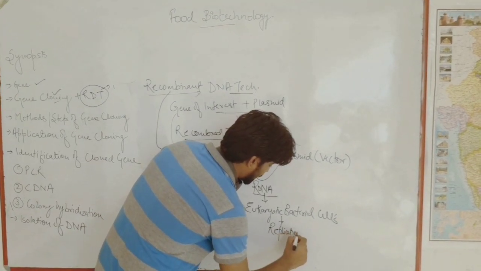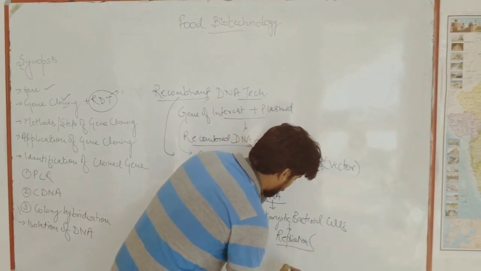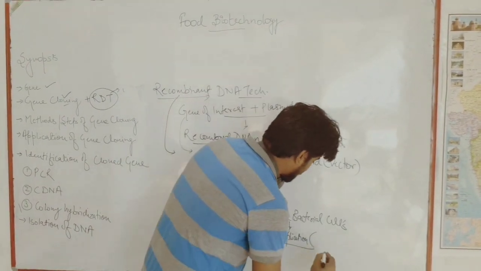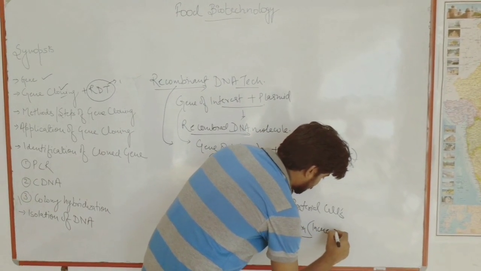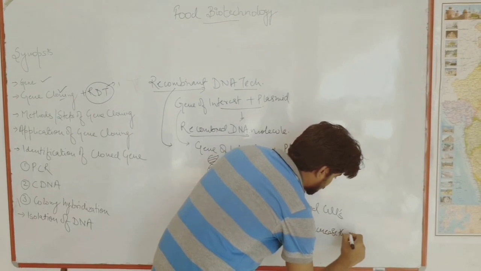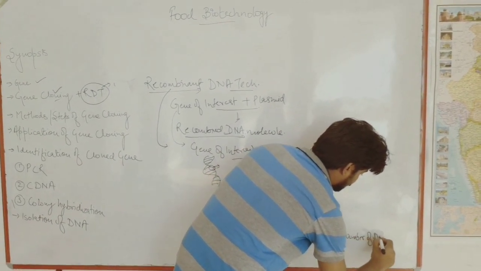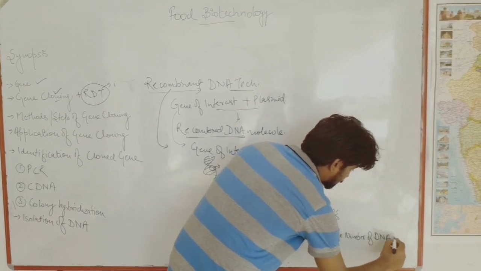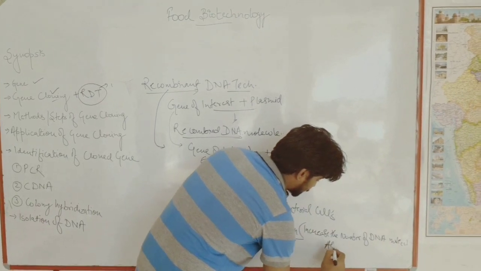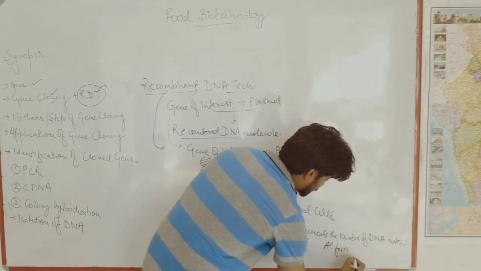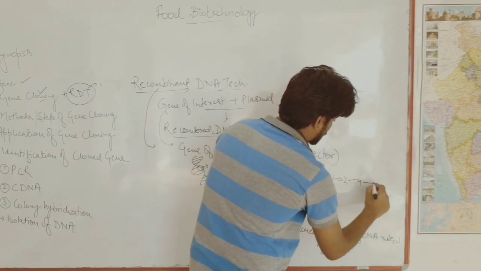In case you are well aware of replication, that is fine. In case you are not, I will talk about it. Replication is the method to increase the number of DNA molecules in an algorithmic form, that means 1 to 2, 2 to 4, 4 to 8.